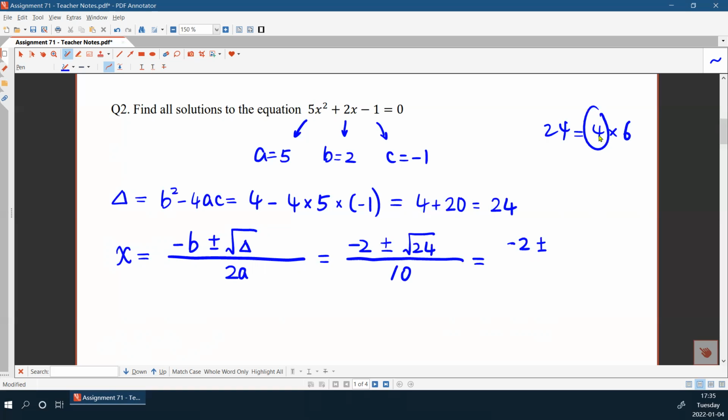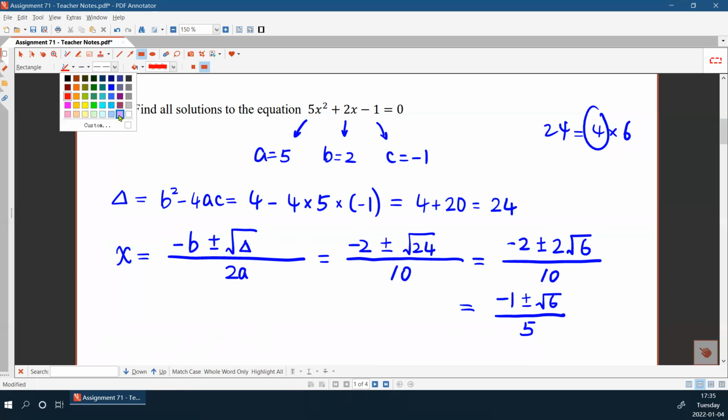And 4 is a perfect square, which can be put outside the square root symbol, which is 2. Then multiplied by square root of 6, then over 10, right? And after simplification, we'll have -1 plus or minus square root of 6 over 5. And this is our two roots.